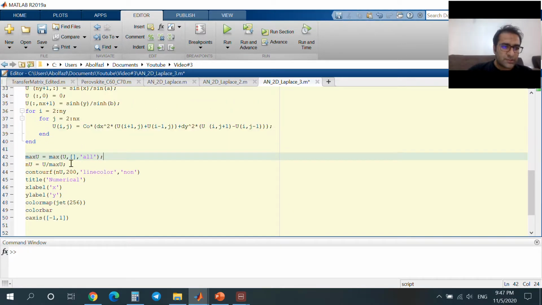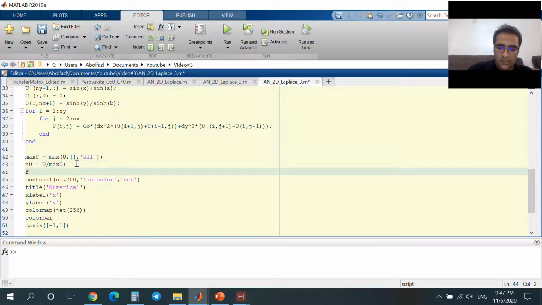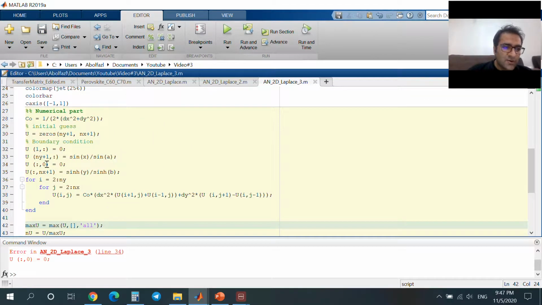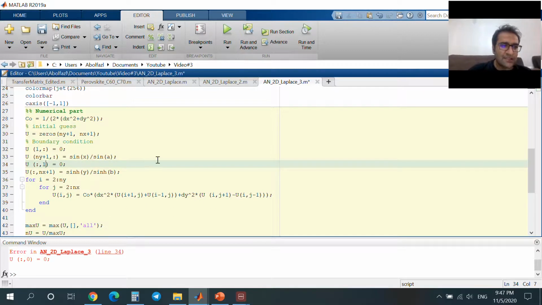And let's define a figure here to have both plots, analytical and numerical. Let's check if everything is fine or not. There's some error, so it should not be 0, it should be 1.